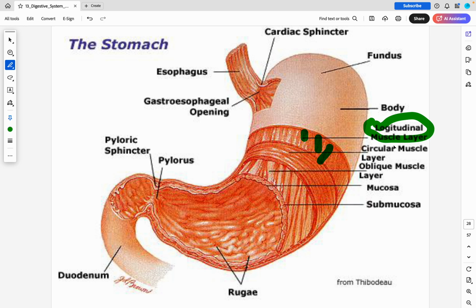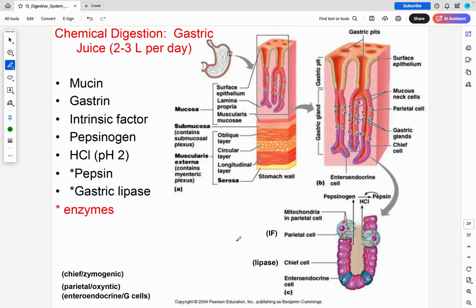And then there is a circular muscle layer that surrounds the entire stomach. There are also mucosal and submucosal layers where other tissue types are found: your usual epithelial tissues and glandular tissues that secrete the digestive juices. The rugae, let's take a look at later for their appearance.